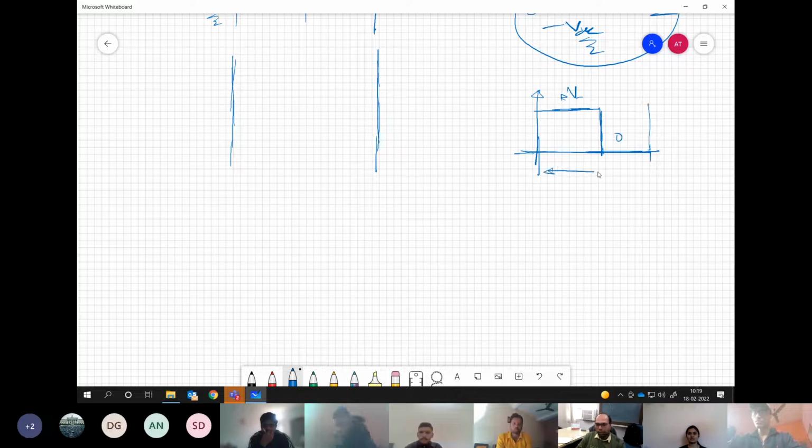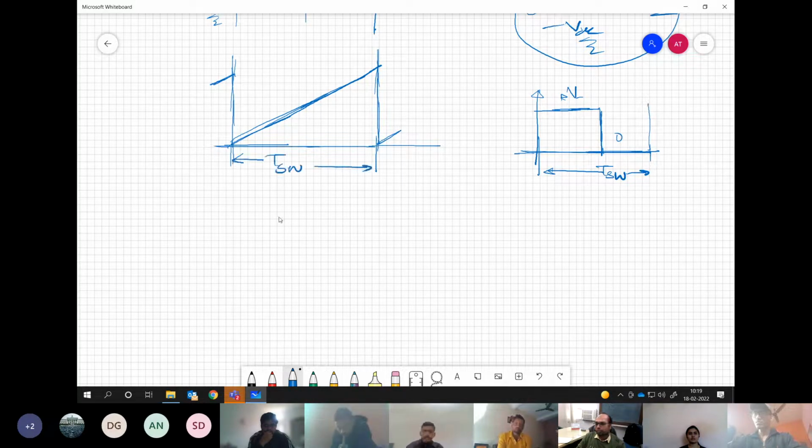To fix this, because this is important, the switching period must be fixed if any of these calculations has to go correct. What we did, we had one ramp signal or carrier signal, which is repeating itself every TSW. Say it is changing all the way from 0 to 1.